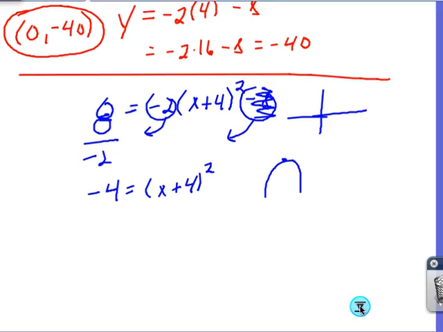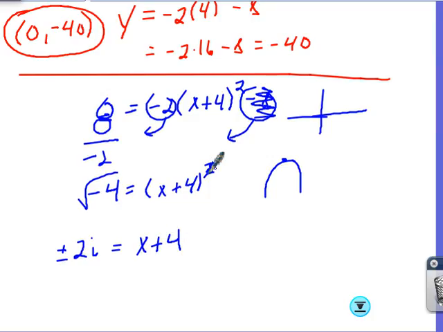There's no real x-intercepts, but if you want to find the imaginary answers to this, what do they mean, honestly? I don't know. But if you would like to find these imaginary answers, to get rid of a square, you're going to square root. The square root of negative 4 is the square root of negative 1 times the square root of 4, which is 2i, equals, actually it's going to be plus and minus 2i, equals x plus 4.